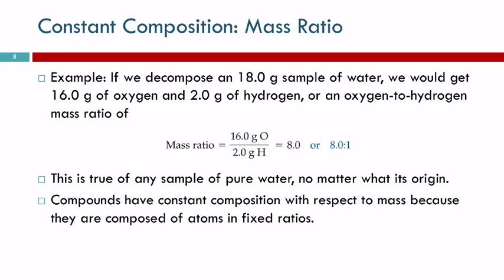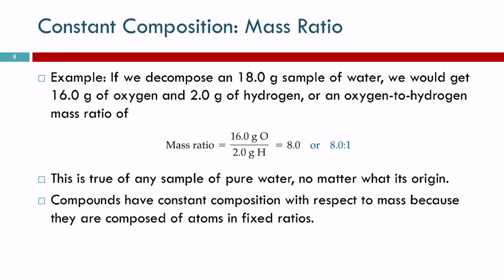It doesn't matter what sample of water you take, how big the sample is, how small the sample is. If you decompose it into hydrogen and oxygen gases, the ratio of oxygen by mass to hydrogen is always the same. That is characteristic of a compound. We say it has constant composition.